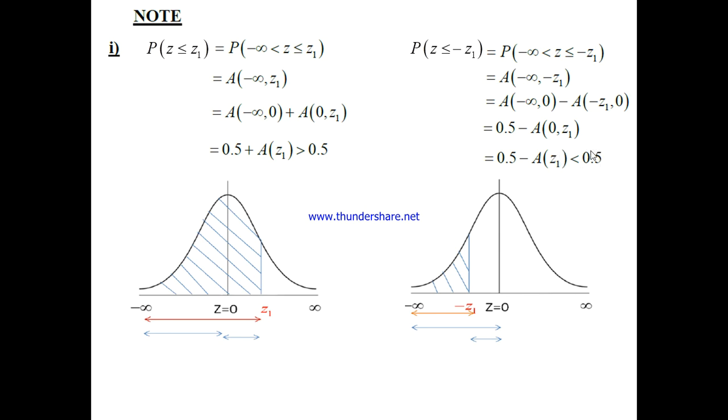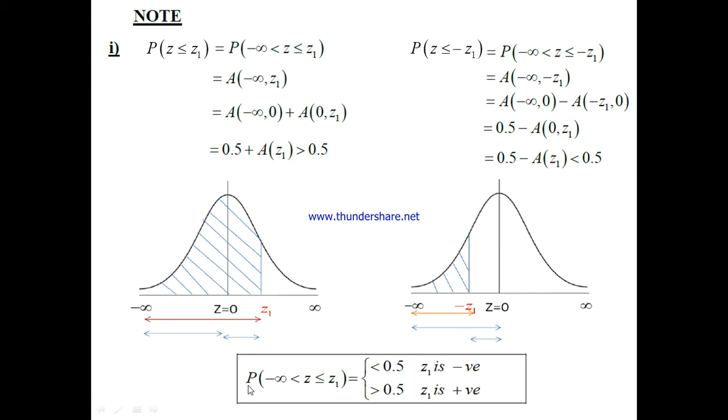Now, based on these two, we can consider the probability that z takes the values between minus infinity and z1. If the value is less than 0.5, then we can consider our z1 as negative. And if the value of P of z is greater than 0.5, in that case we can consider our z1 as positive.